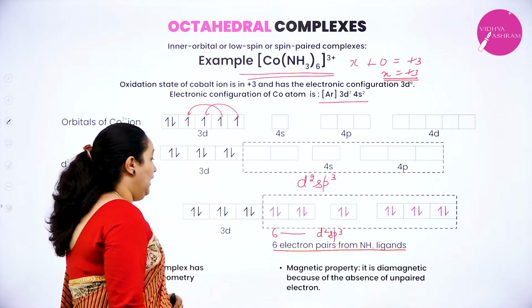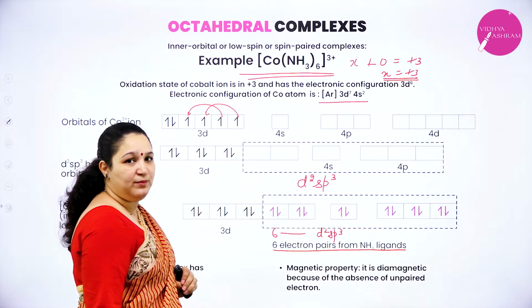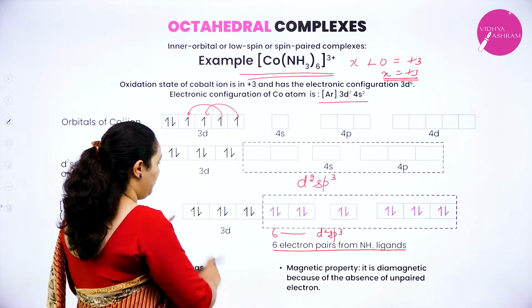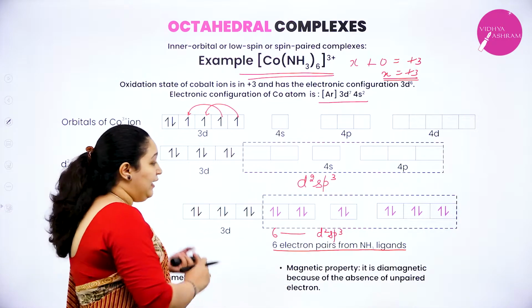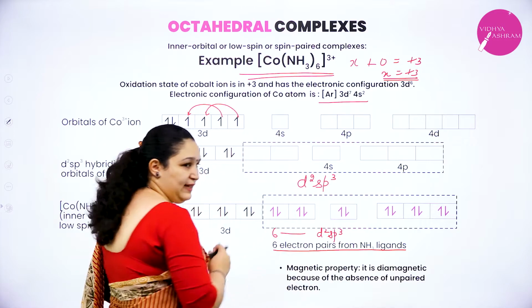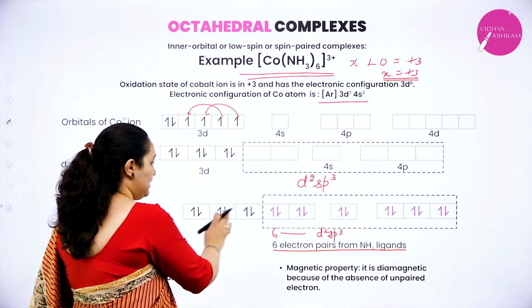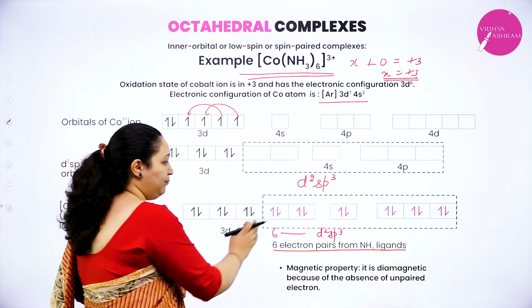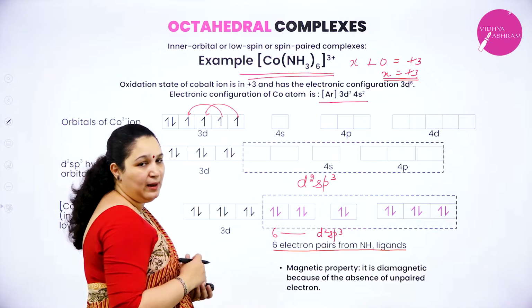Okay. Now, how do I predict the magnetic property? In the last step, after the formation of the complex, can you find any unpaired electrons? No. You have all paired up. You can see here, the first 3 orbitals are paired up, and the ligands of course give 2 electrons each. All are paired up.